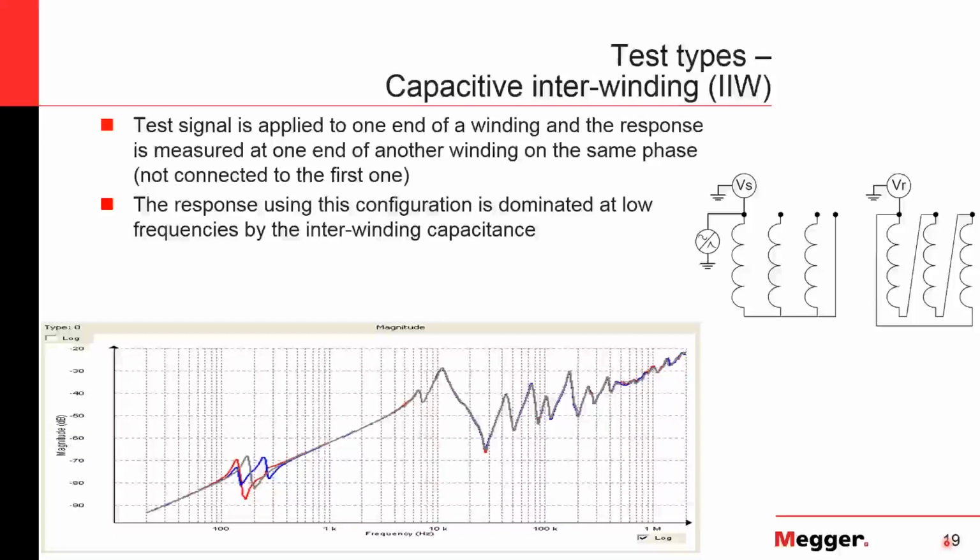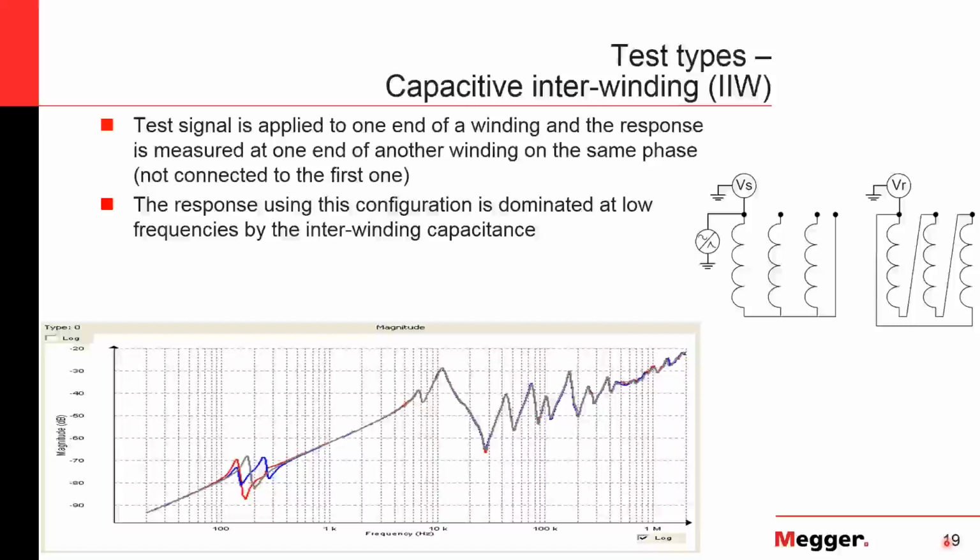The next test that we'll talk about is the interwinding test, or the capacitive interwinding. At this point, you're going to apply the voltage to one winding, and then measure on the corresponding winding on the secondary, on the same phase.